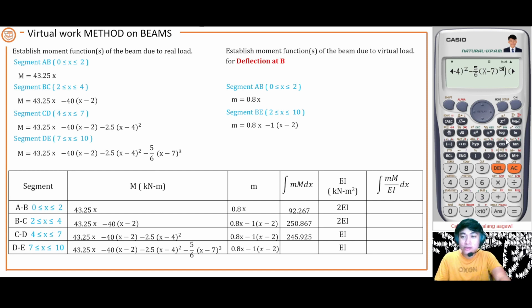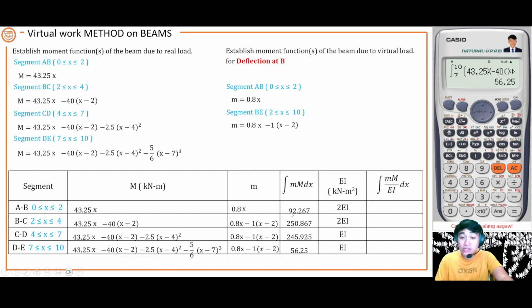And then the limit, so small letter m, still the same, from 7 to 10. The answer is 56.25.